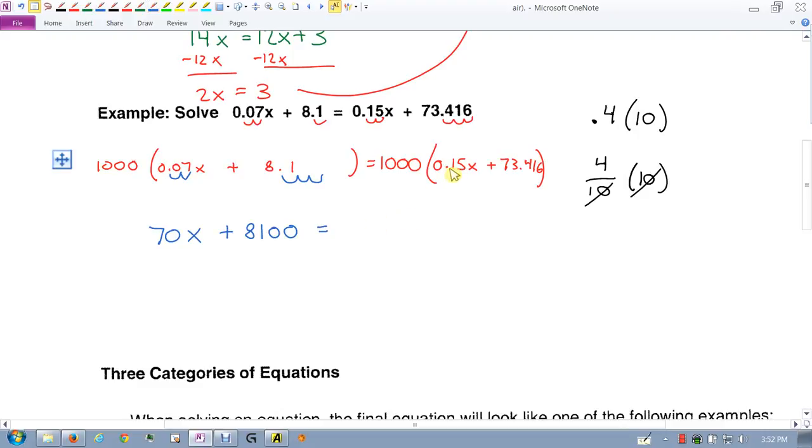This 1, 2, and then one more. You're going to get a 150x, and then the last one plus 73,416. Any questions?